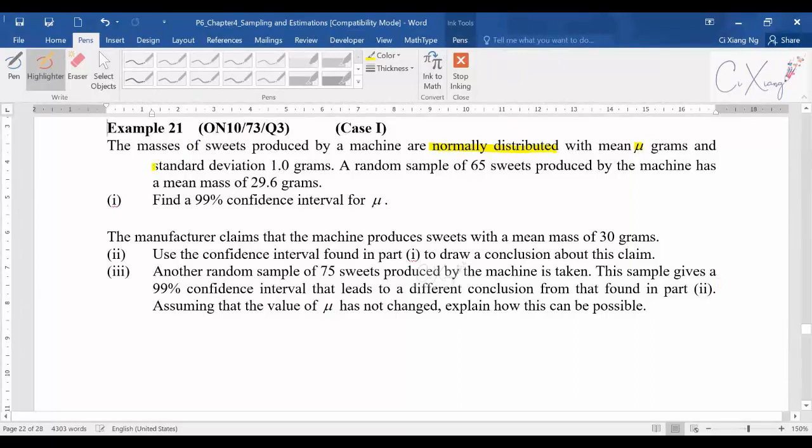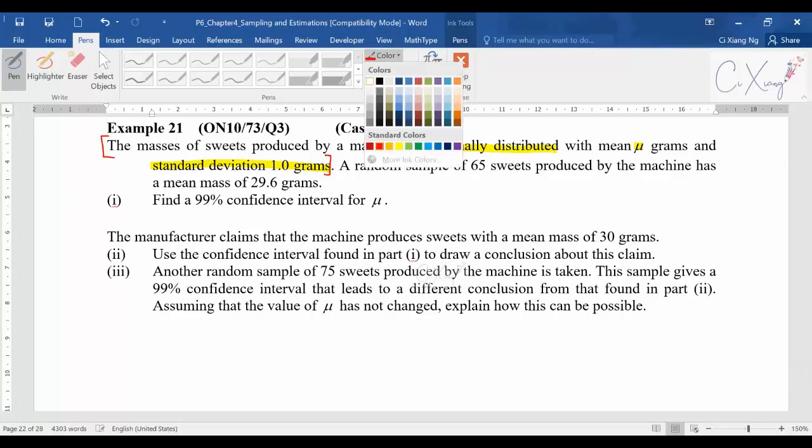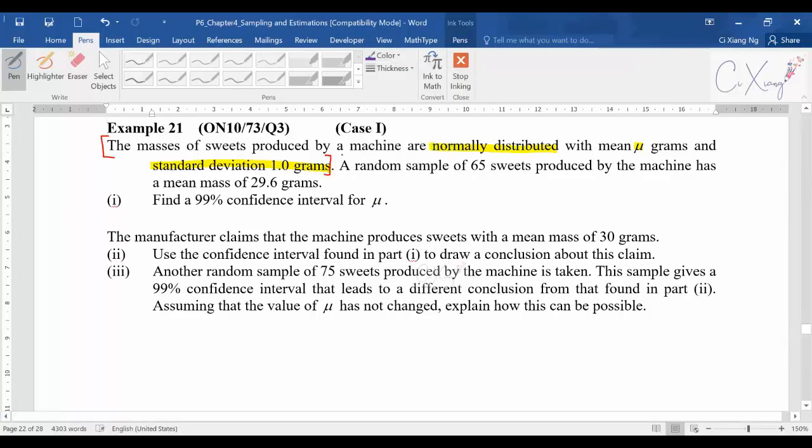Here they say you have a standard deviation of 1.0, and after that you see the words random sample. So maybe what I will do is put a bracket in red color for this sentence, and when they talk about the sample sentence, I will put a purple color.